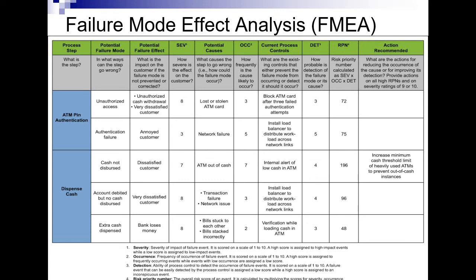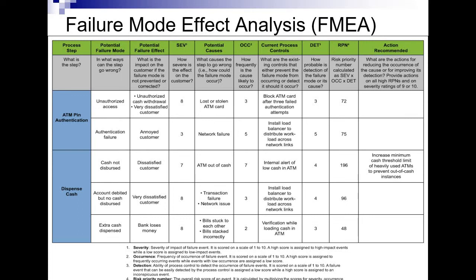If you go on calculating for the other potential failure modes, so authentication failure is there, cash not disbursed, if you look at the process of dispensing, cash not being disbursed, or account debited but no cash is disbursed, and extra cash is disbursed.